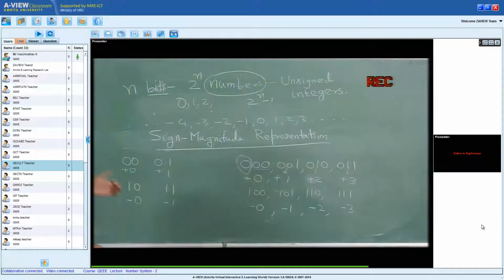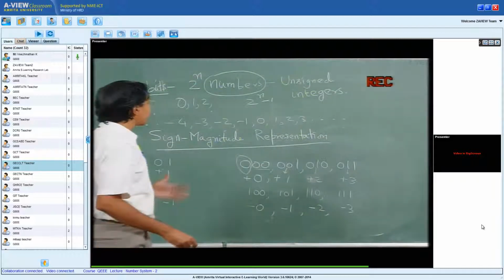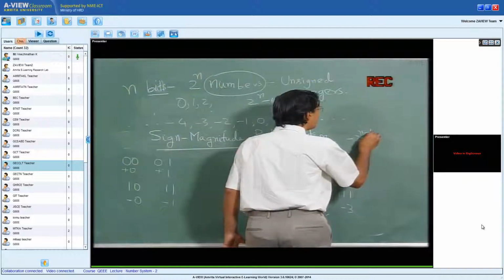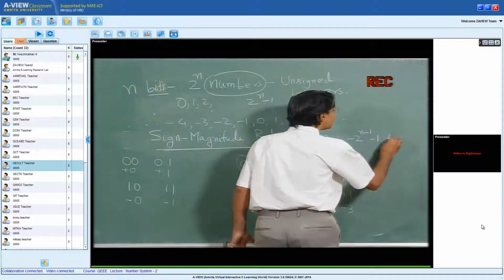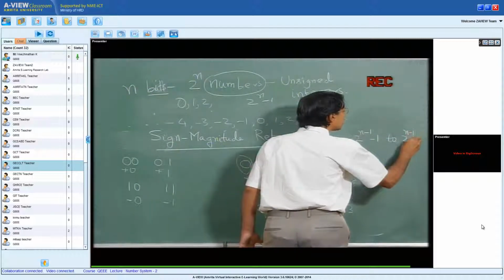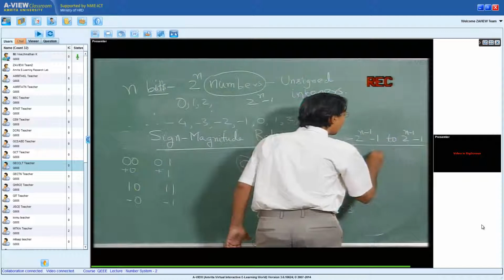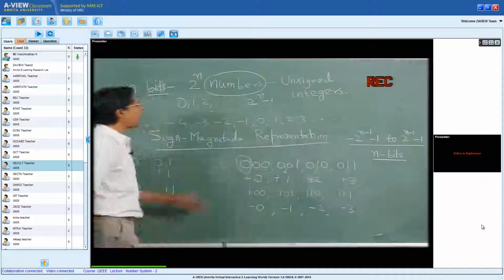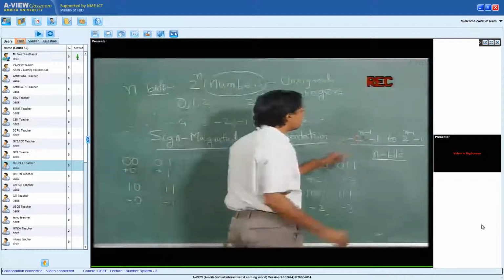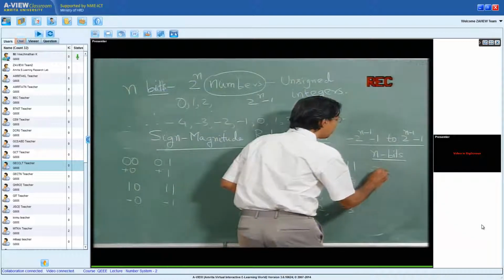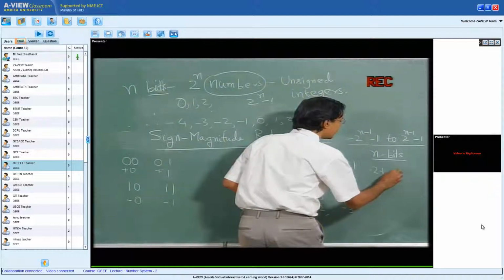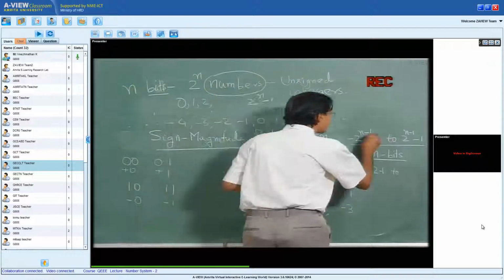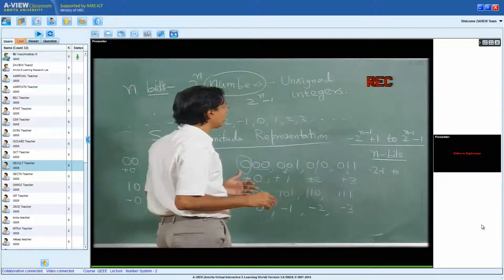So using a sign magnitude representation, the range that I could represent using n bits is minus of 2 power n minus 1, minus 1 to 2 power n minus 1, minus 1. Sorry, it is minus 2 power n minus 1 plus 1 to 2 power n minus 1 minus 1.